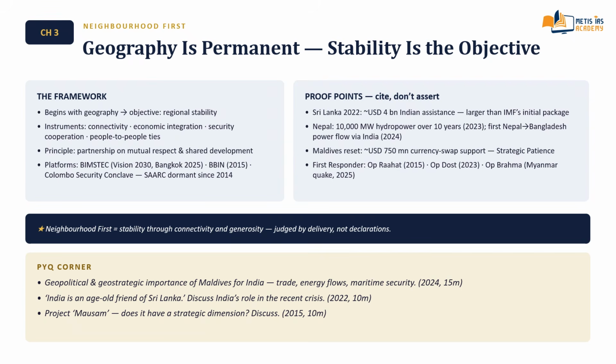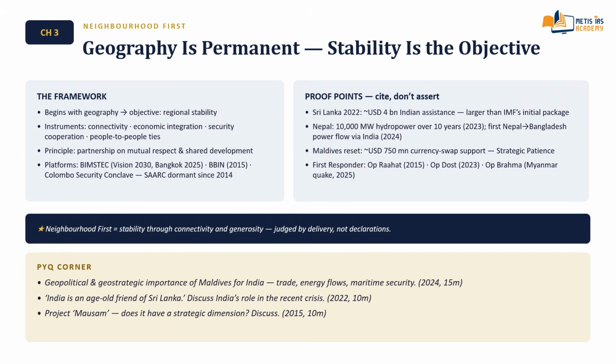Now comes the second question: what constitutes India's national interest? It can broadly be understood in six dimensions. What are the six dimensions?